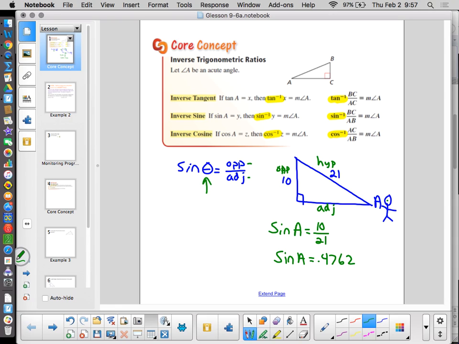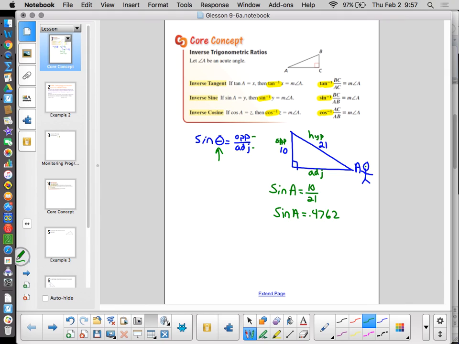Because we've been using our calculator when we knew the angle to find the sine value, we're just working it backwards. It's the inverse function. What angle has that? So the way I do that is in my calculator, I put in sine inverse of that decimal, or if I don't want to convert it, I can actually put the ratio in there, and it's going to give me the angle.